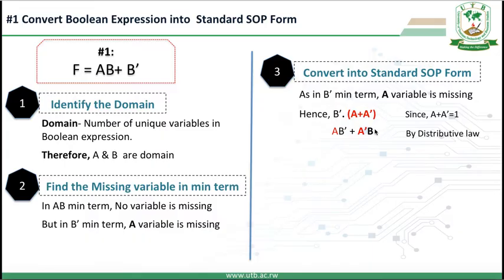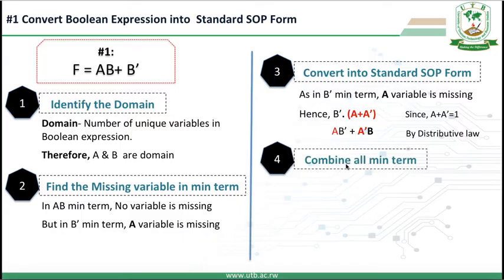Here B complement. So please, when you are doing the exercise, write here the B complement, because it is A B complement. It's my mistake. Because of the distributive law, now you can see this min term has all the variables, A and B, and this min term also has all the variables. So both become canonical form.